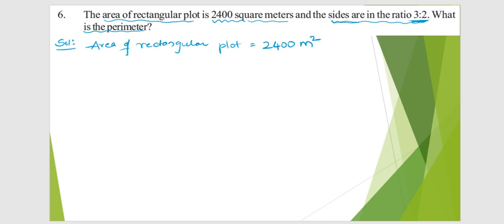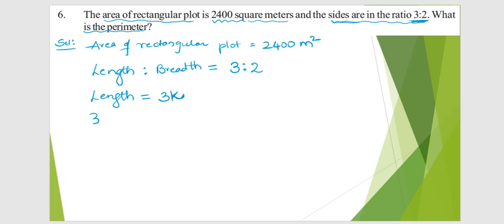Now whenever you have a ratio, what should we do? He has given that length is to breadth is equal to 3:2. Whenever a ratio is given, if you want their individual values, that means if I want length alone, then I need to multiply this with some k or some x, some constant.